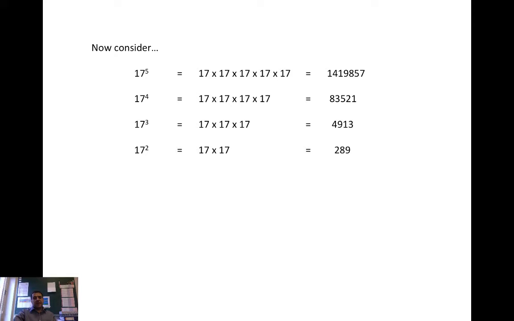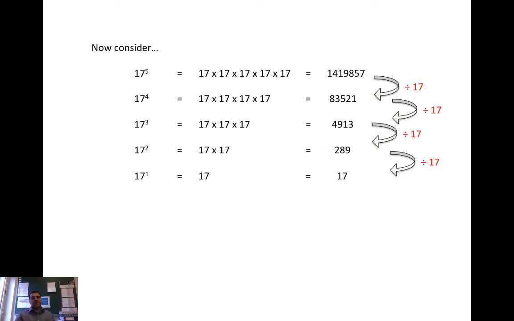And then the next one would be 17 to the power of 1, which is just a 17 on its own, so that's just 17. So thinking about that, you are dividing by 17 each time to get from one line to the next. So what would the next one be?